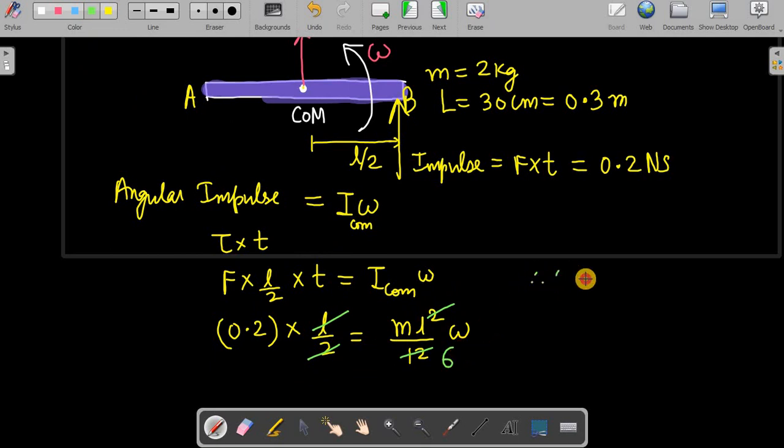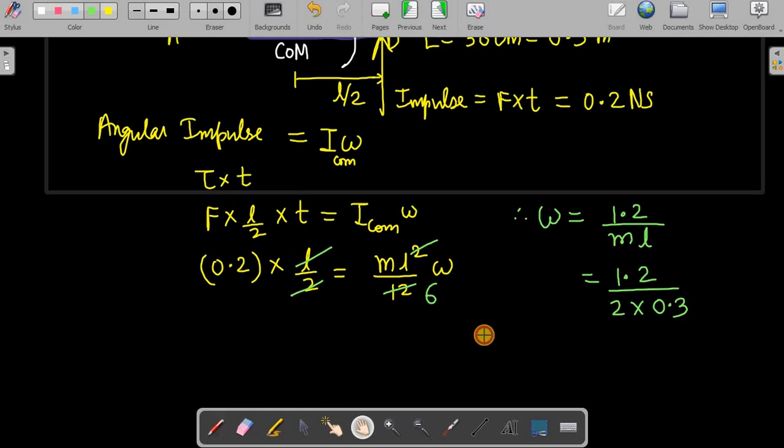So from here omega we can calculate. Omega is going to be 6 into 0.2, that means 1.2, divided by mass into length. Let's substitute 1.2, mass is 2 and length is 0.3.